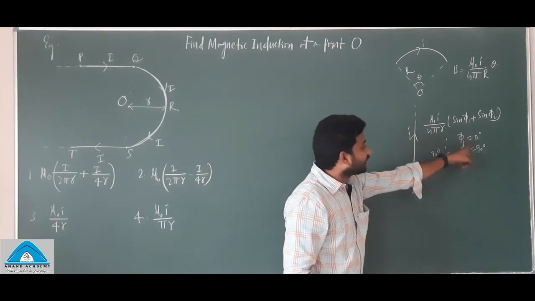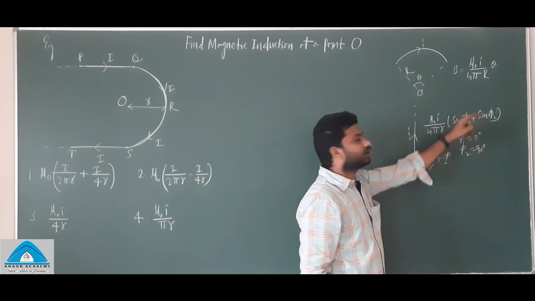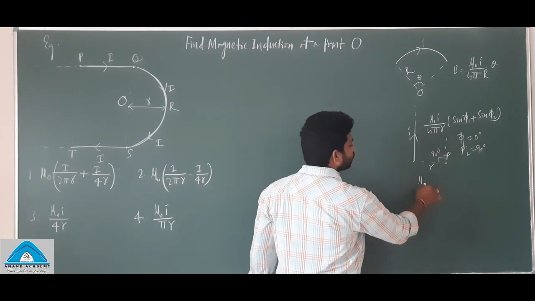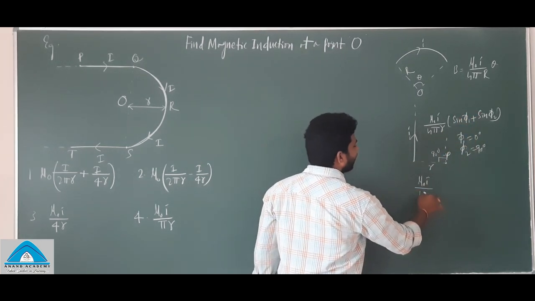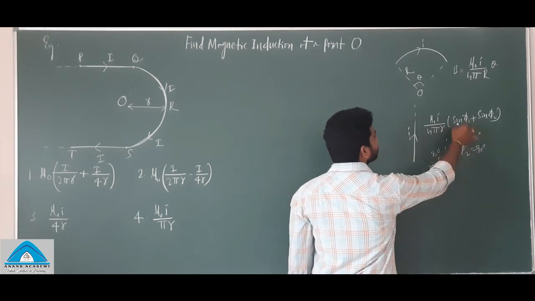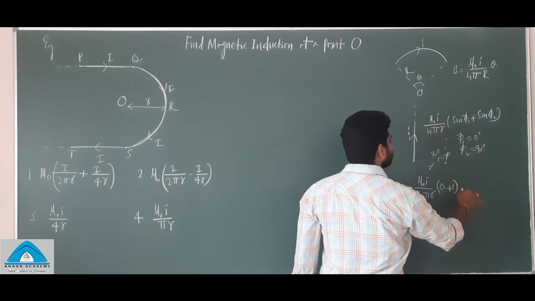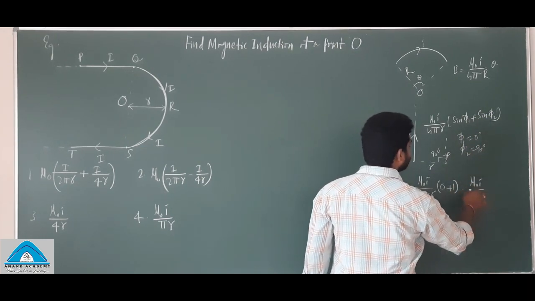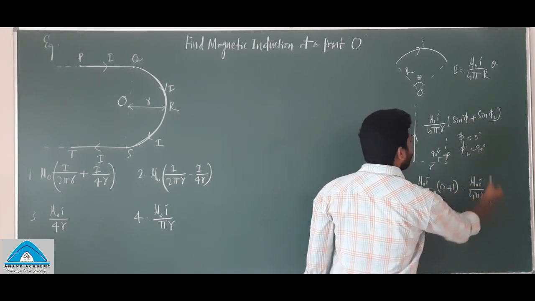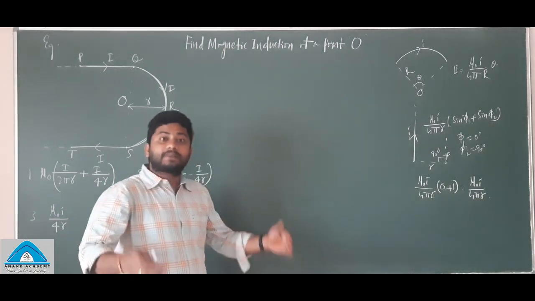Now substitute 0 degrees and 90 degrees: mu naught I by 4 pi R into sine 0, which is 0, plus sine 90, which is 1. So it is mu naught I by 4 pi R. That's it. These are the magnitudes.